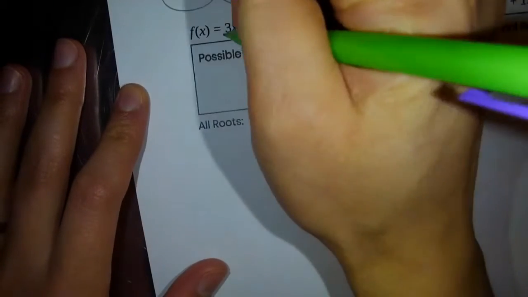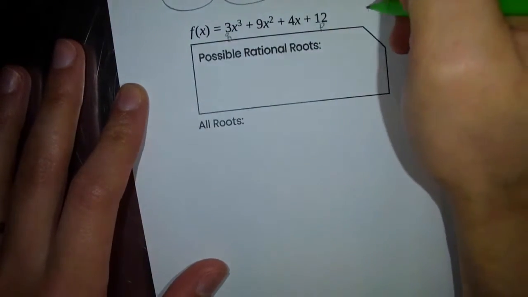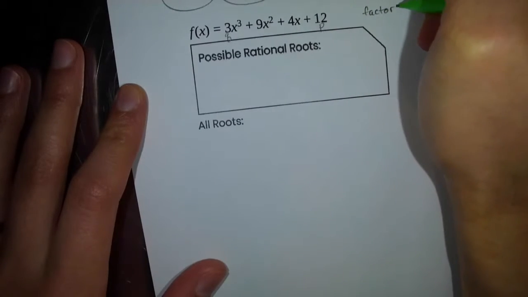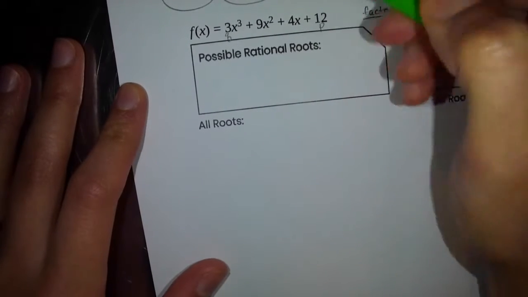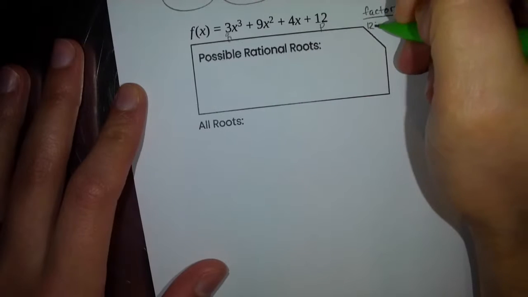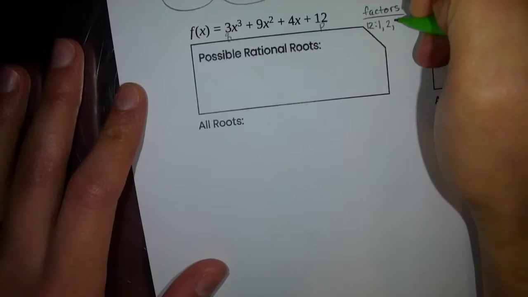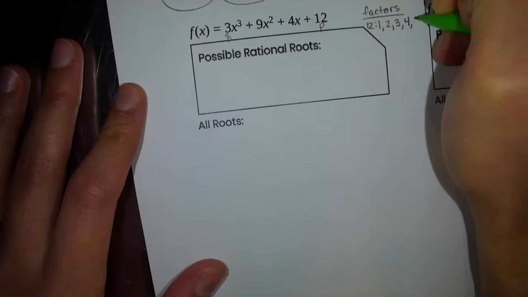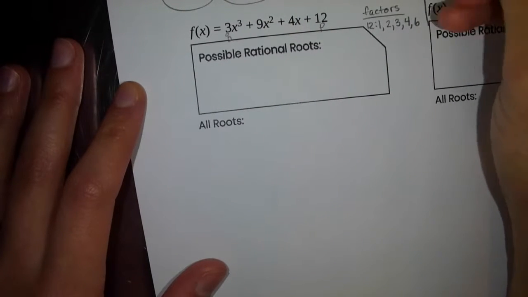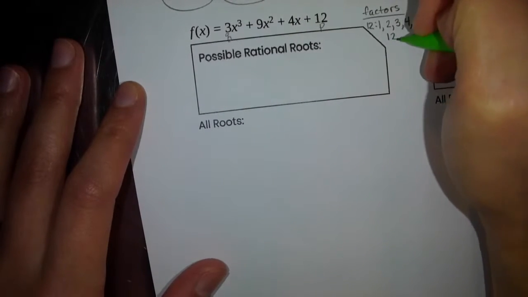Okay, so here's our P, and here's our Q, and thinking of our factors. Okay, so factors of 12, well, 1 goes into 12, 2, 3, 4, 6, and 12. Those are all my factors of 12.